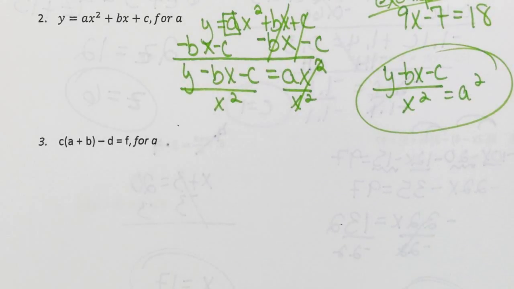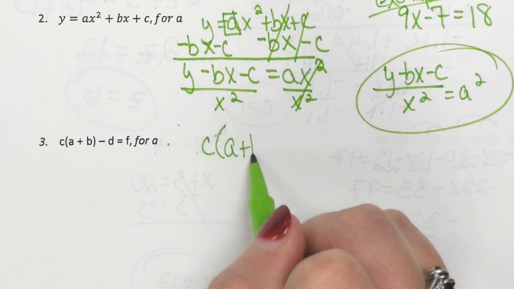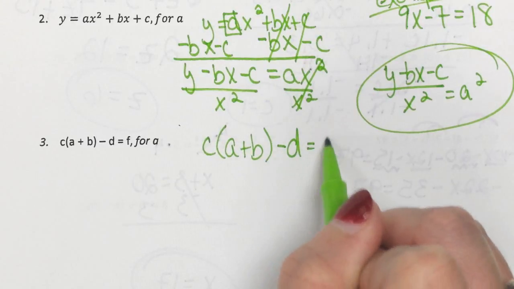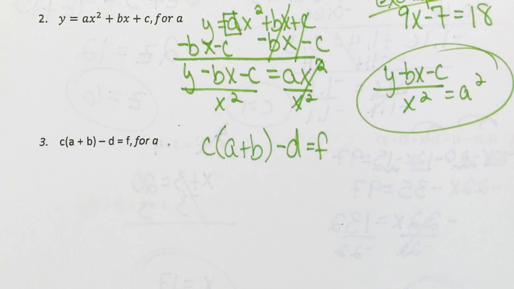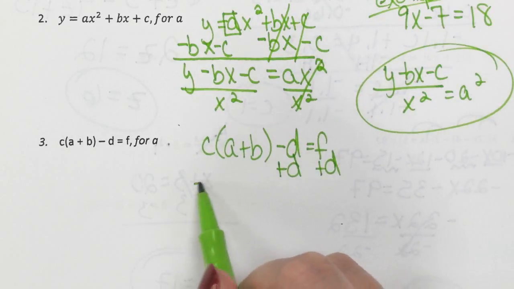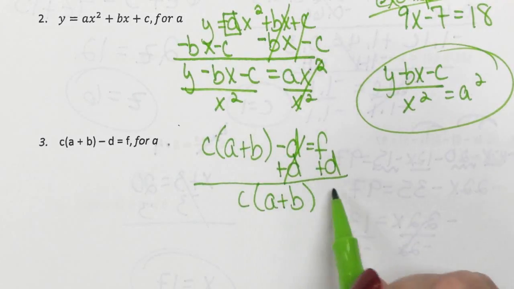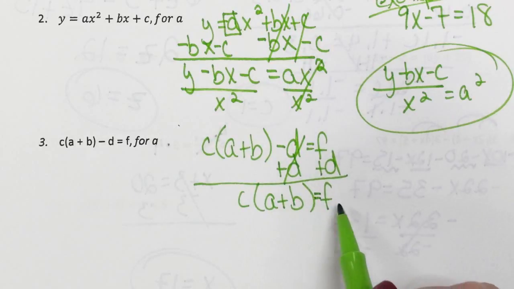Are y'all okay? Number 3 is kind of stumping some of us. So you do not want to distribute the c first, because what else is there that you could move? The subtract d. So you could add, equals.